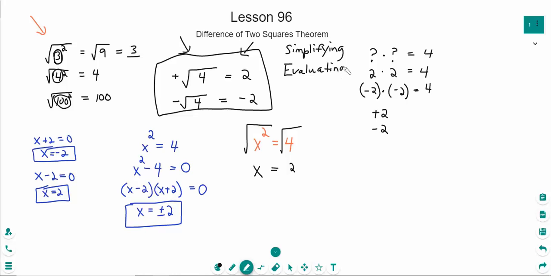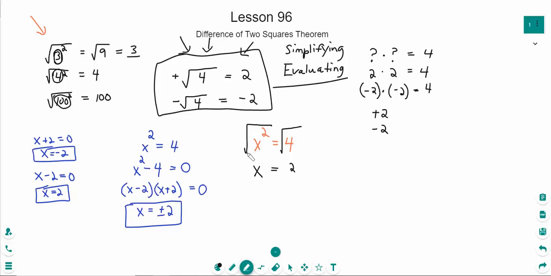However, if we are solving an equation, we don't go by this rule. If we're solving an equation, we don't go by this: if it's positive, then it's the positive root, and if it's negative, then it's a negative root. We don't go by that rule. When we're dealing with an equation, we need to give both possible solutions for the root.